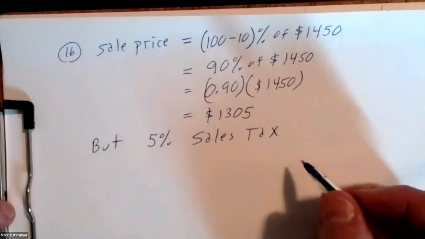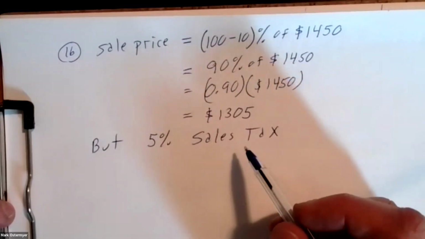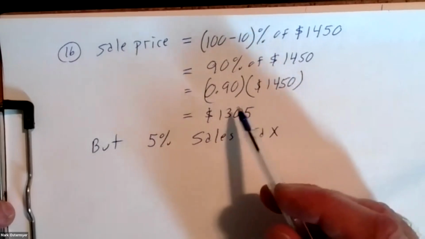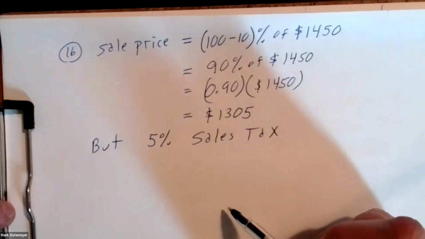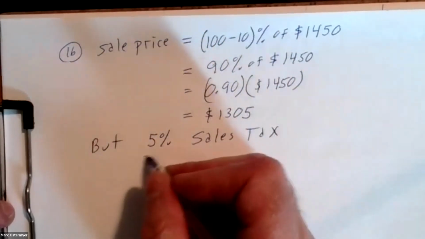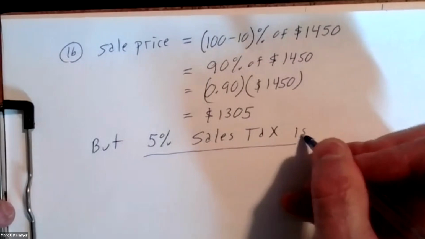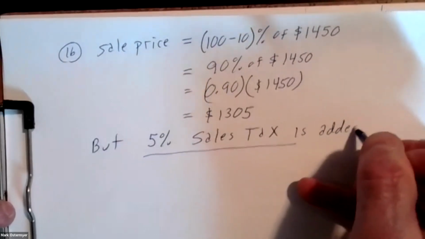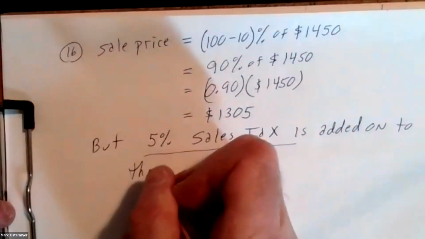That's sales tax. So are we gonna have to add that on to our sale price or take it off? Sales tax is always added on. So we're gonna add it on to the sale price of $1,305.